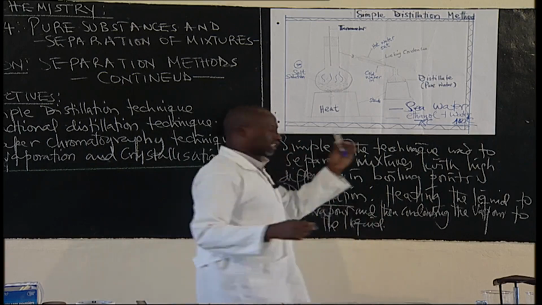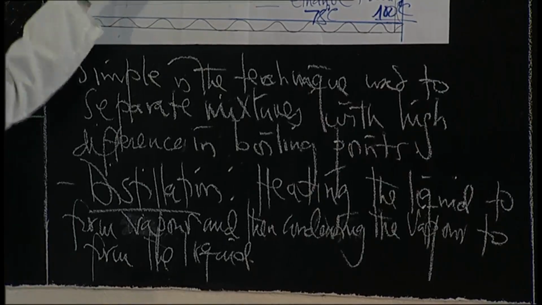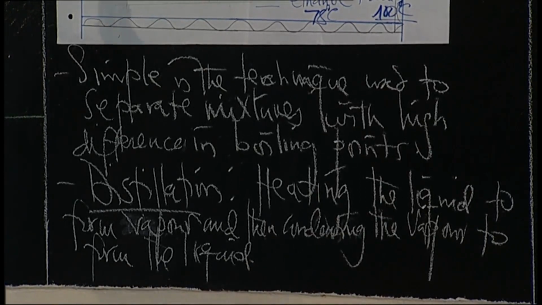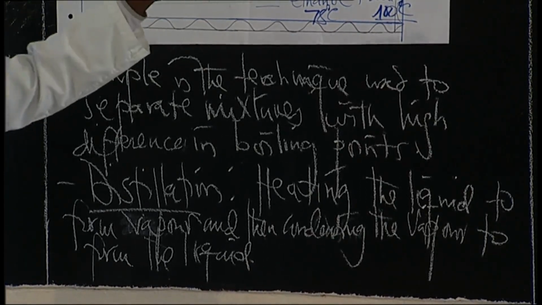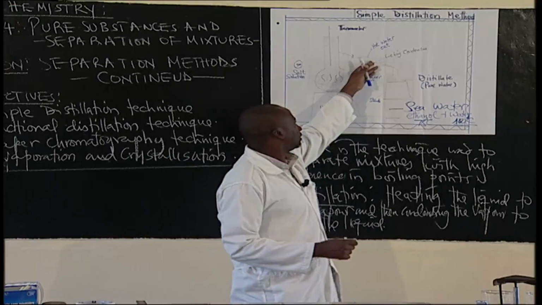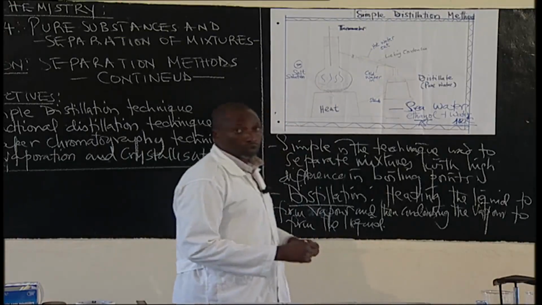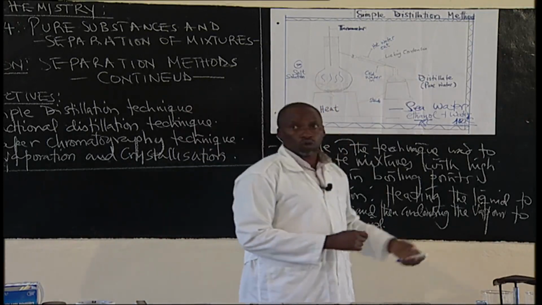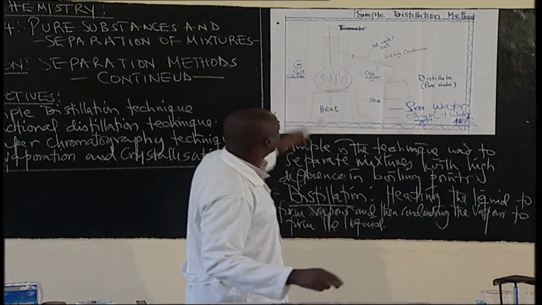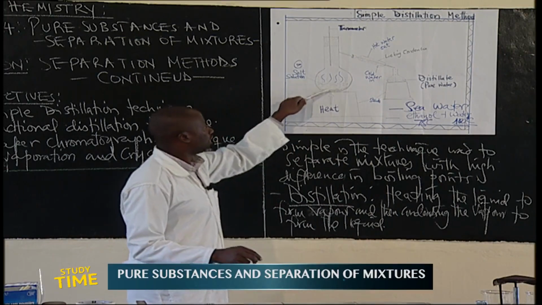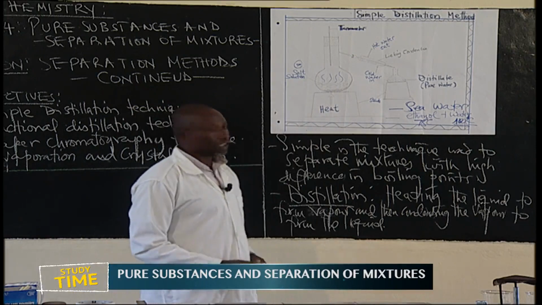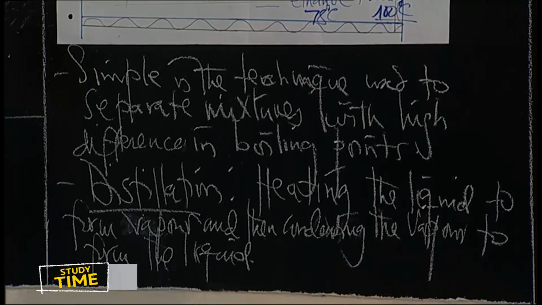You remember, you heat the liquid. Here we had the mixture in liquid form, which could be a solution. Then the water evaporates and is condensed. That is the purpose of this Liebig condenser. It is condensed and then collected as pure water, so the salt remains behind in this flask. So that is the simple distillation.